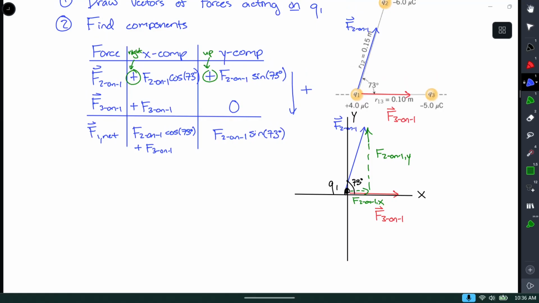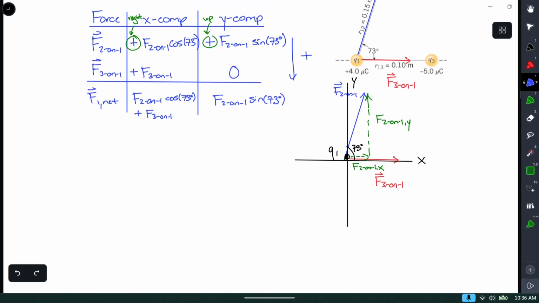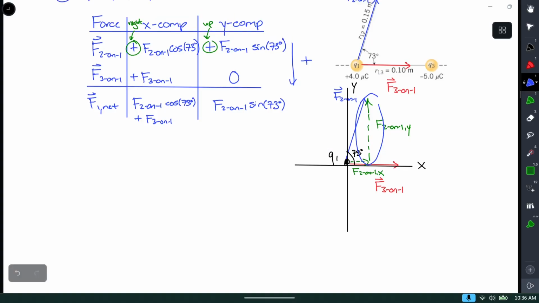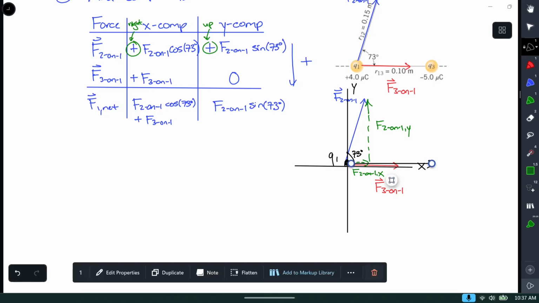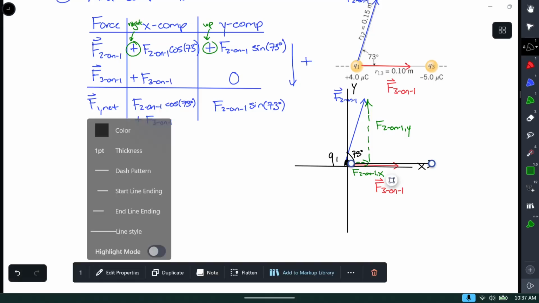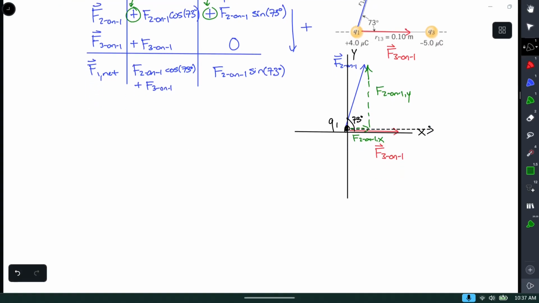Okay, and on my picture over here, what I'm finding is the overall x and y components that I get by adding this to this. That'll give the overall x component, and then the overall y component is just this because the red vector had no y component. So my overall might look something like about this far out, just adding those red and green ones together. And then about this far up.